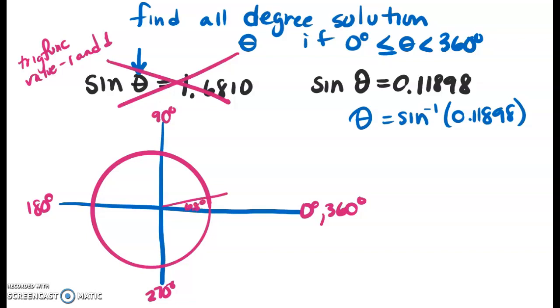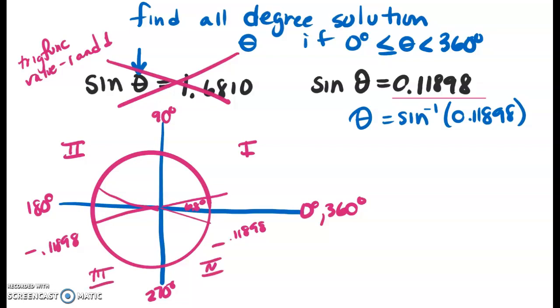So 6.8 degrees, this is in quadrant 1, gives a trig function value of 0.11898, but there is also a trig function value of that in quadrant 2, 3, and 4, but only positive in quadrant 1 and 2. It will be negative 0.11898 here, and it'll be negative 0.11898 here. So we're not interested in quadrant 3 or 4, because these are negative, and this value is positive here.